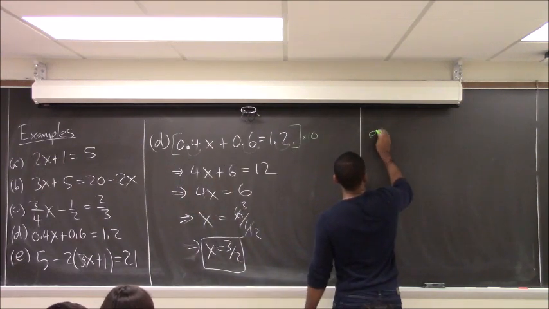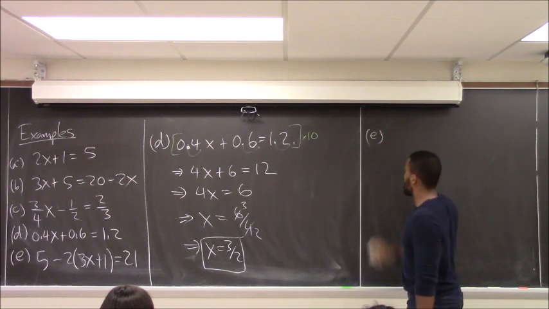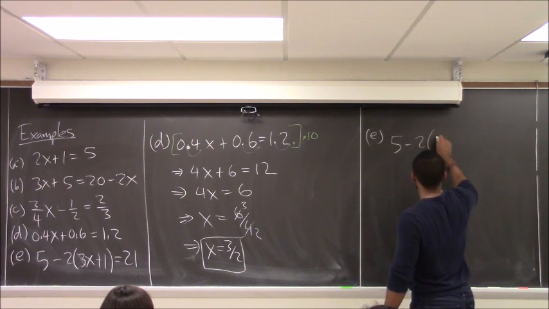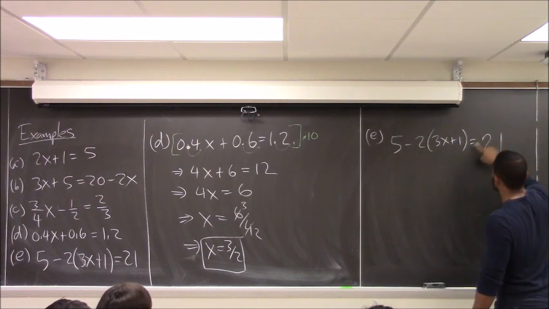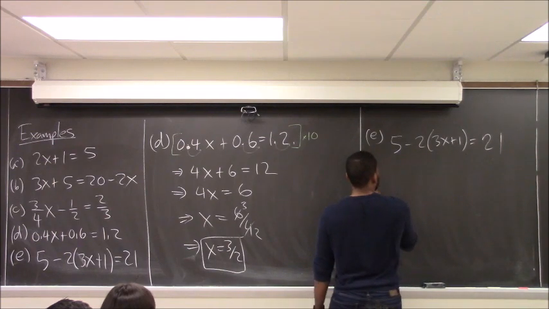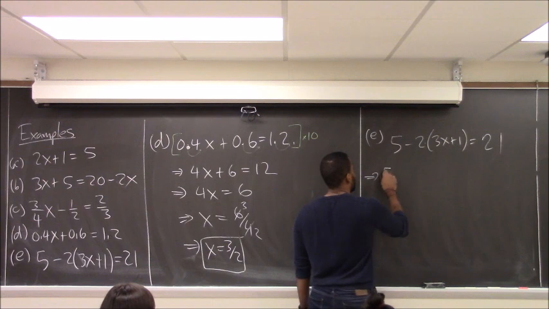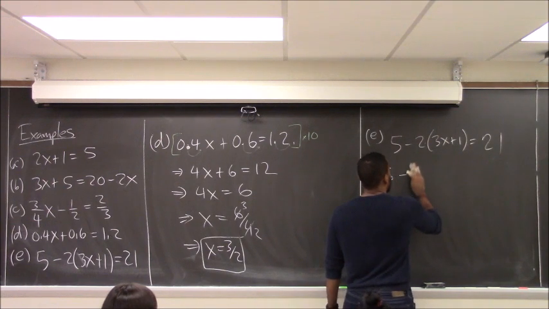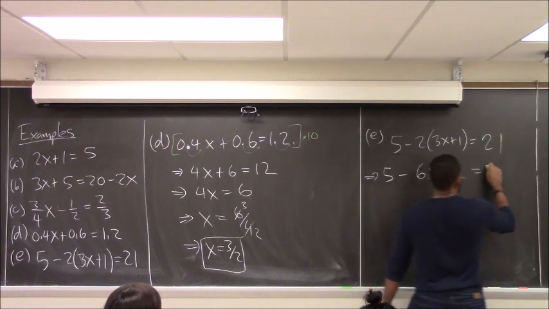Okay, E. What do we do now? Multiply first because we have to do PEMDAS. So before I start moving anybody, I'm going to multiply this out. This is 6x minus 2.